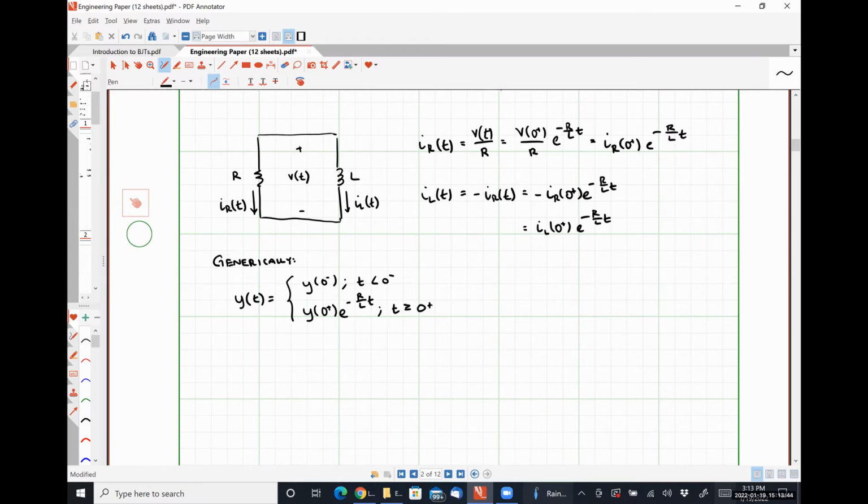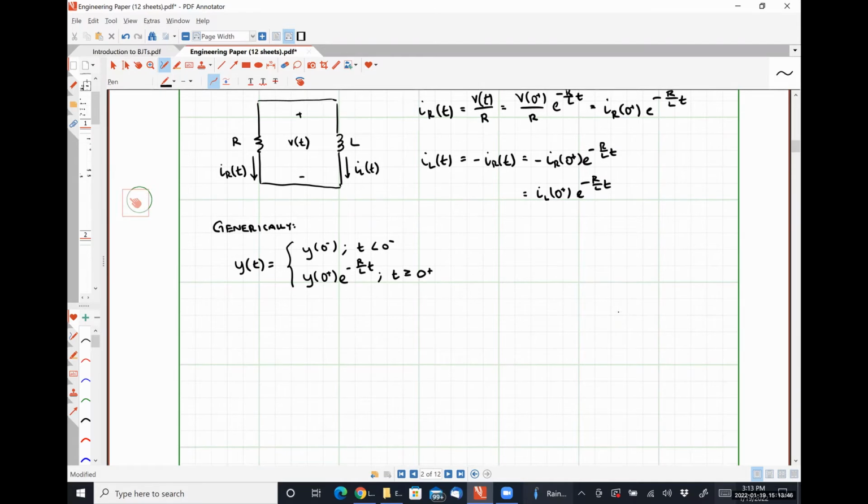Okay. So the power absorbed by our resistor, I can express it as the inductor current as a function of time squared multiplied by the resistor value.